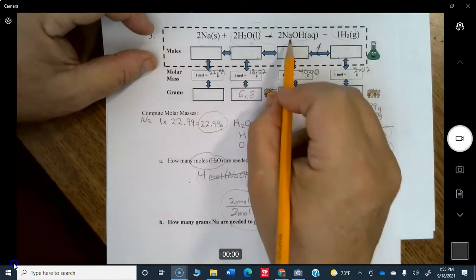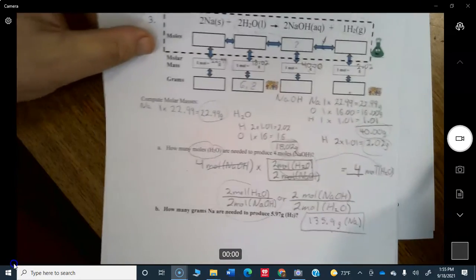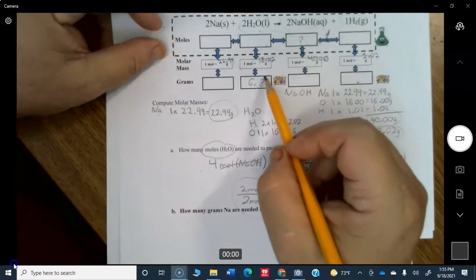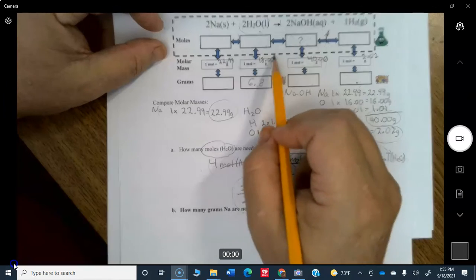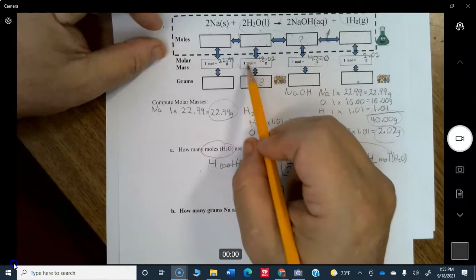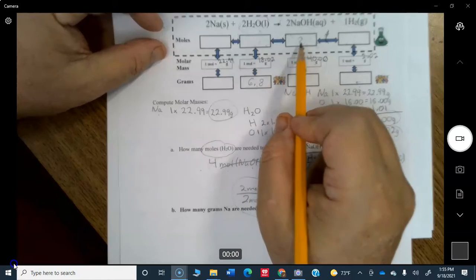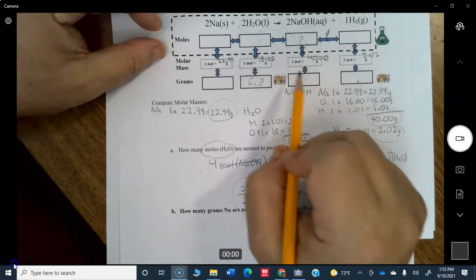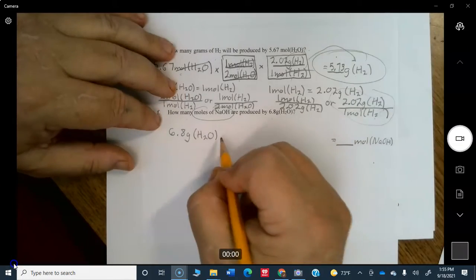And we're looking for moles of NaOH. That's where the question mark goes. Okay, so it's a two-step process. We go from grams to moles of H2O using the molar mass translator to get us into the equation, and then sideways from moles of H2O to moles of NaOH to get our final answer. So it's a two-step procedure here. So we're going to put two boxes in.